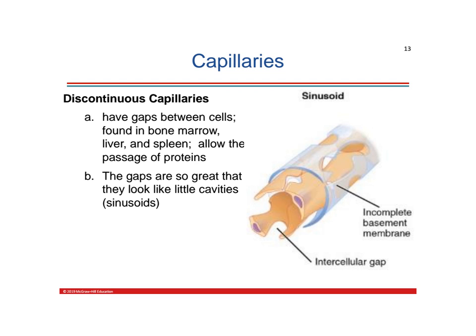And in addition to this, in certain places, these gaps are so large that cells, like new blood cells, can actually enter the blood supply. So for example, this would happen in bone marrow, where red blood cells and white blood cells are being produced. Well, they need to enter into the general circulation.